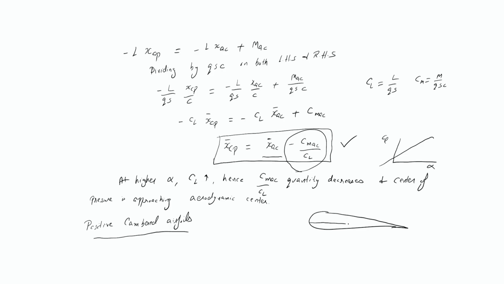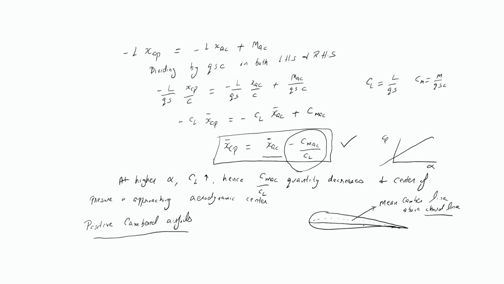This is the chord line and this is the mean camber line. Here the mean camber line is actually above the chord line.